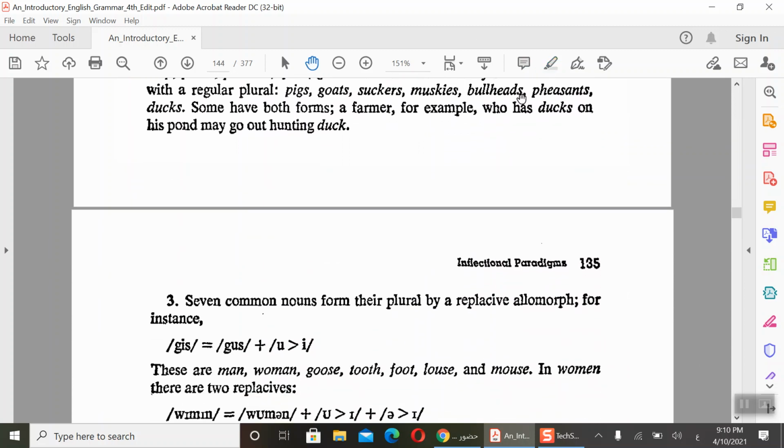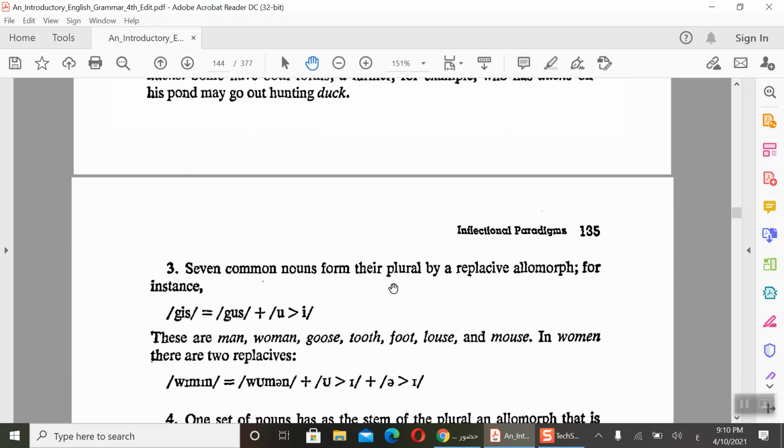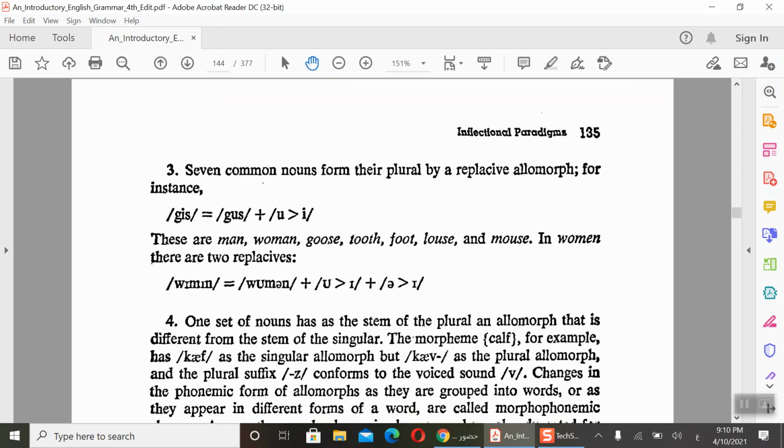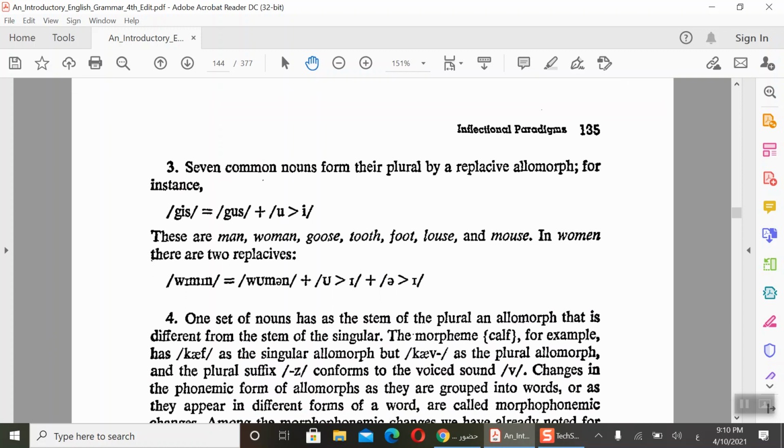And another group, we have seven common nouns that form their plural by a replacive element or infix. You see, for example, man, men, woman, women. Tooth, not toothes, teeth. Foot, feet. Mouse, mice, not mouses. Like ox, oxen.